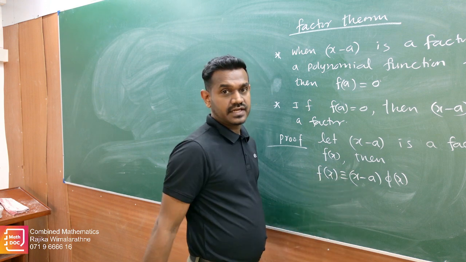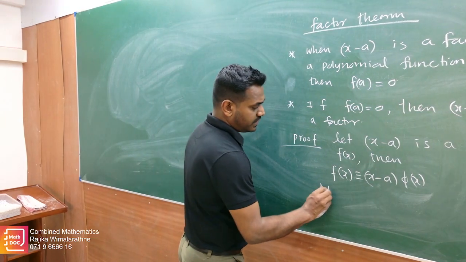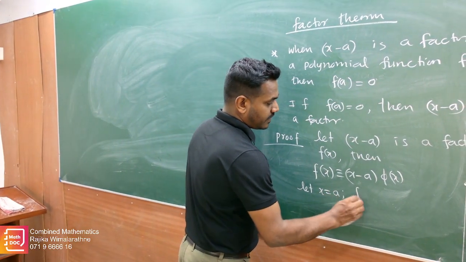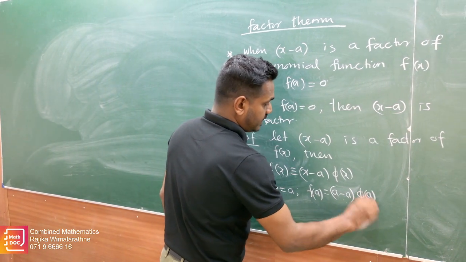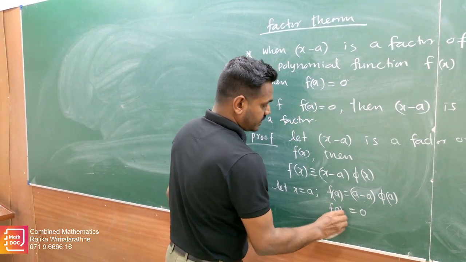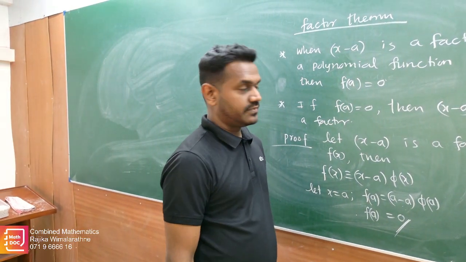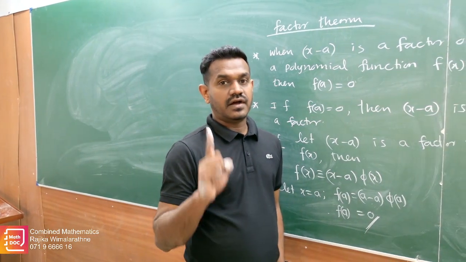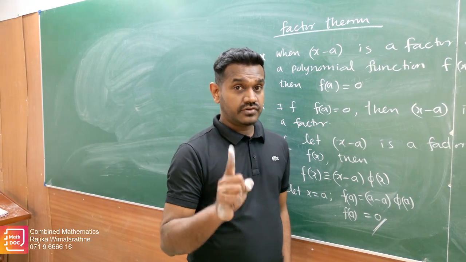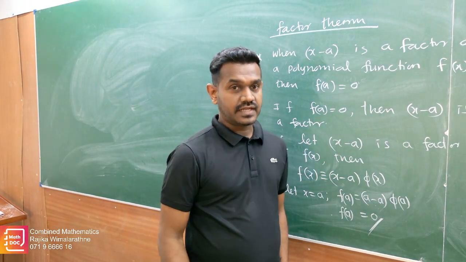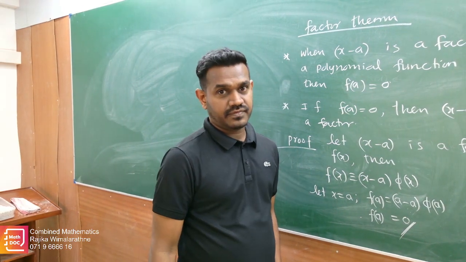Now let x equals a, then f(a) equals (a minus a) φ(a), that is 0. So f(a) equals 0. So you need to remember how to state the factor theorem and also how to prove it. That is polynomial functions, remainder theorem and factor theorem.